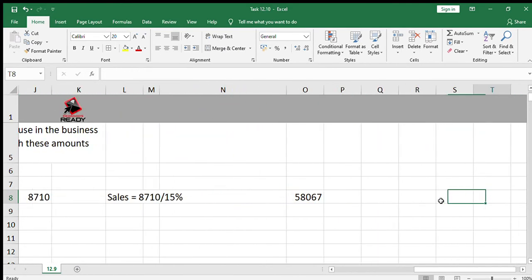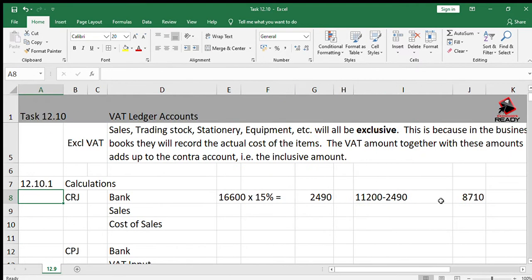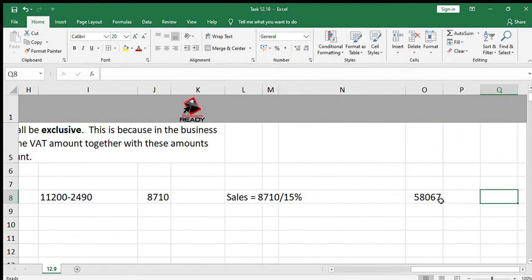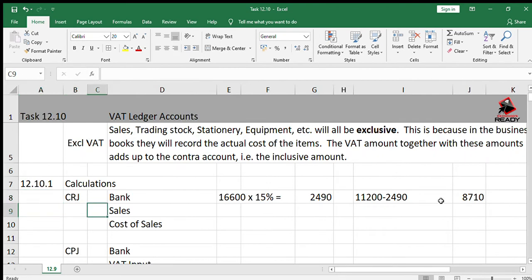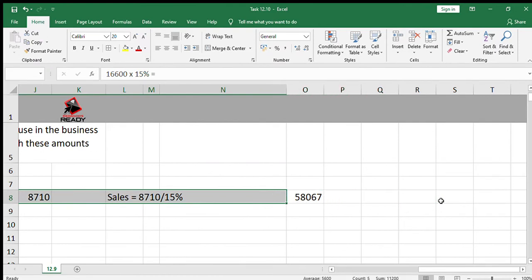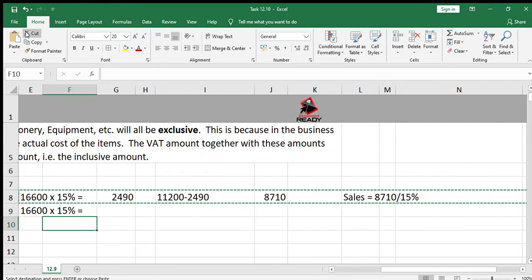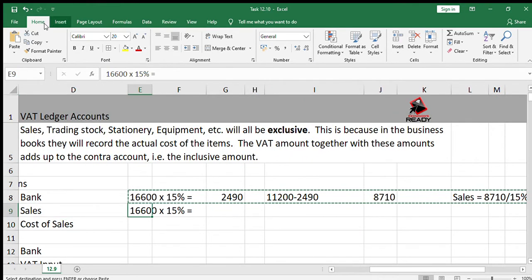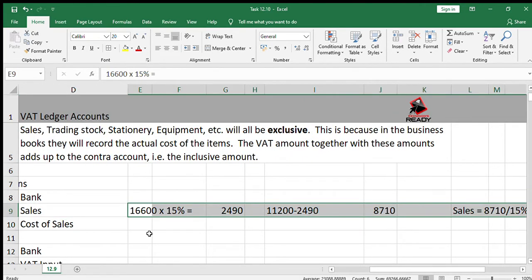Okay. And once you've got the sales amount, we can very easily work out the cost of sales. Oh, sorry, this calculation was actually for sales. Okay, so that was for sales.